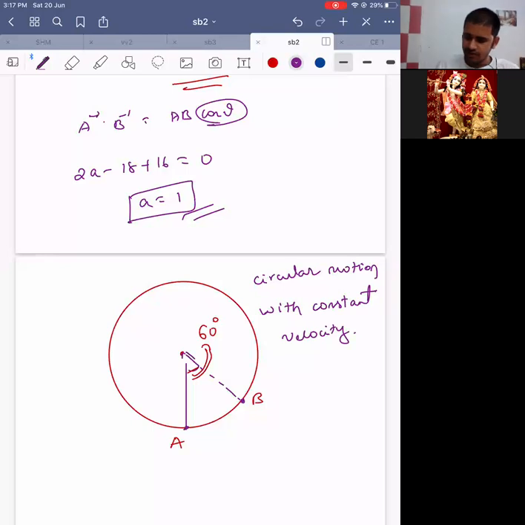Find the change in velocity between the positions A and B.